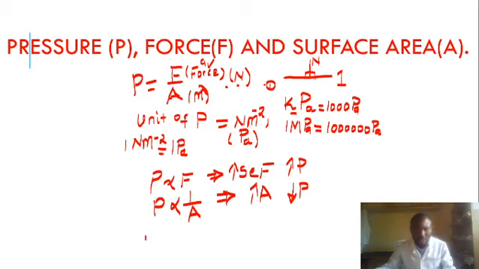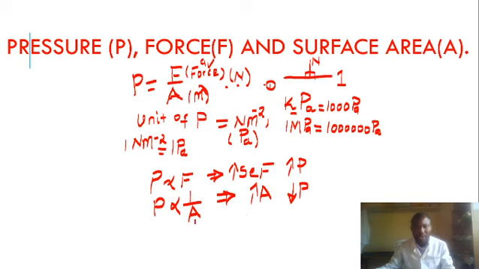So this explains why when we want to use our knife, we use a sharp knife. The sharp knife will have a smaller surface area, so when you apply the force, the pressure will be high.